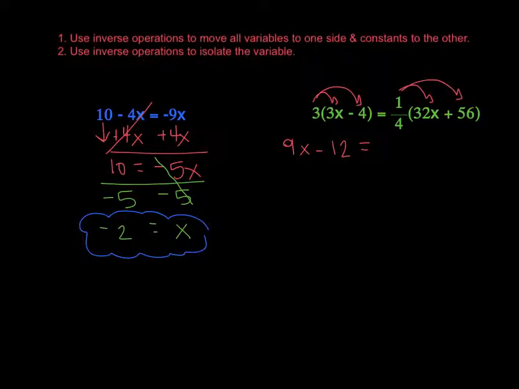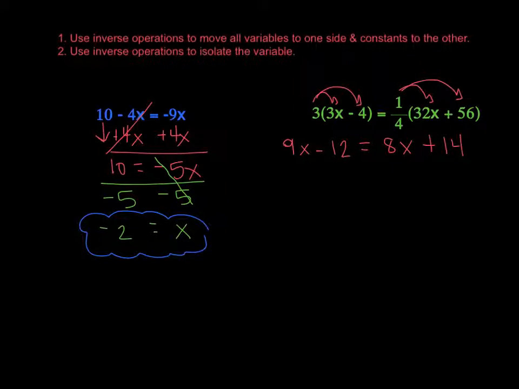Now remember, when you're distributing a fraction to a whole number, all you do is multiply the numerator and divide by the denominator. So 1/4 times 32x is really just 32x divided by 4. So 32 divided by 4 is 8x. And then 1/4 times 56 really just means 56 divided by 4, which is 14. So just in one step, I've cleaned up this problem quite a bit.